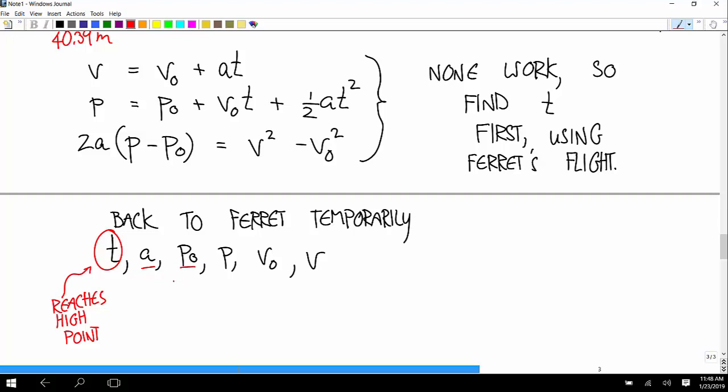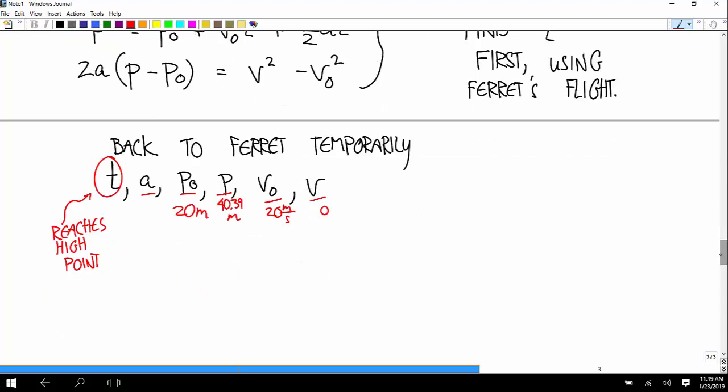P0 we know is 20 meters. Final position we know is 40.39, was it? Do we know the initial velocity? Yep. Do we know the final velocity? We do, because it's at the highest point. And so this is 0.